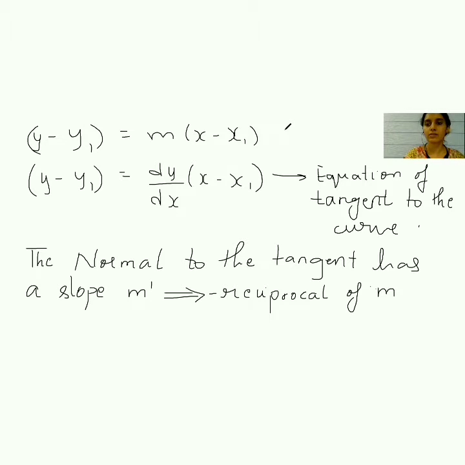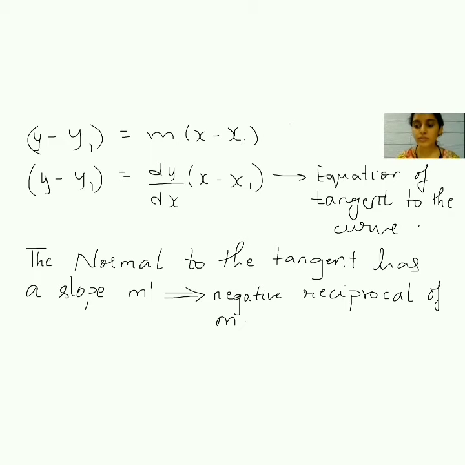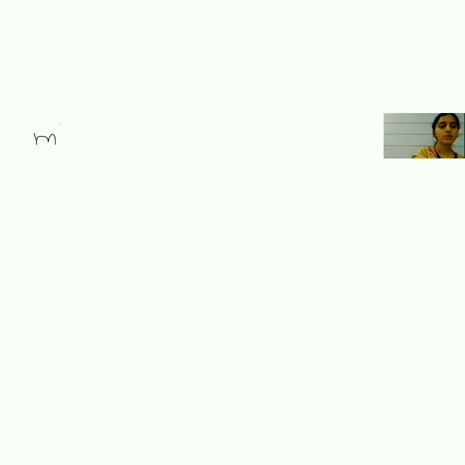So let me write it in words for you. It will be the negative reciprocal of m. What is m? It is the slope of the tangent. So how can we write the slope of the normal? m dash is equal to minus 1 upon dy by dx at the same point, that is x1 comma y1.